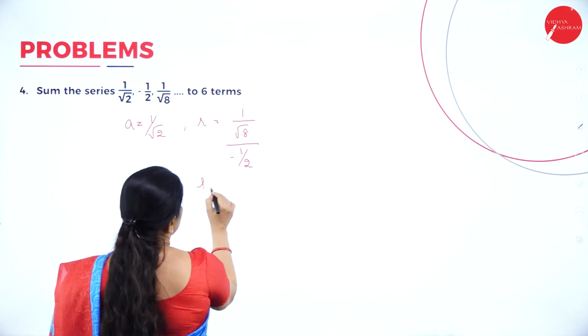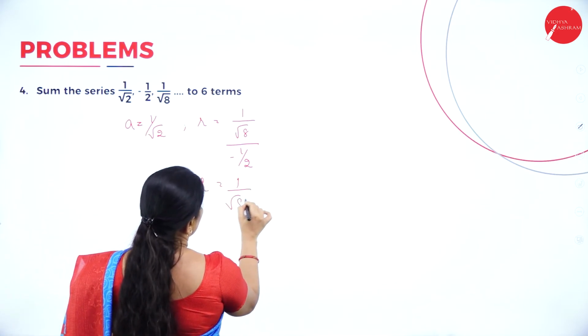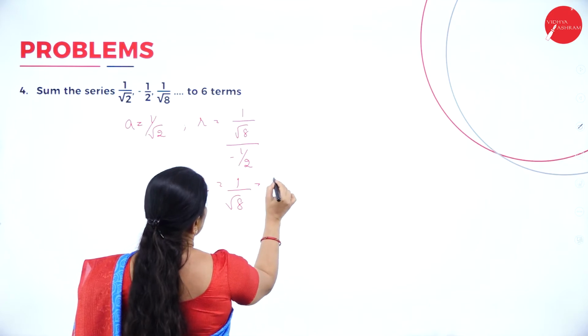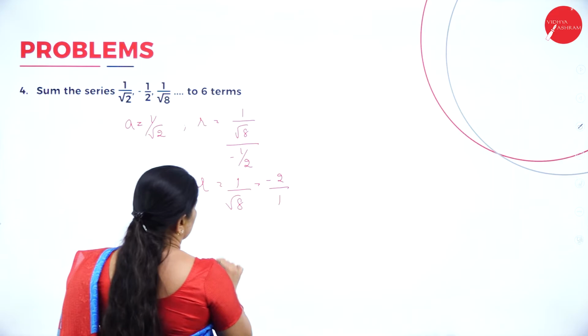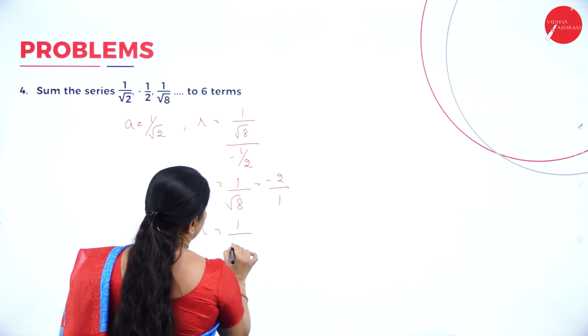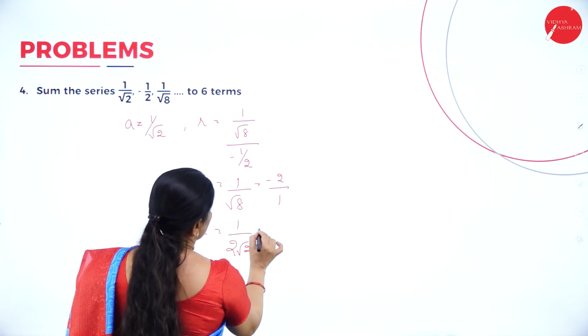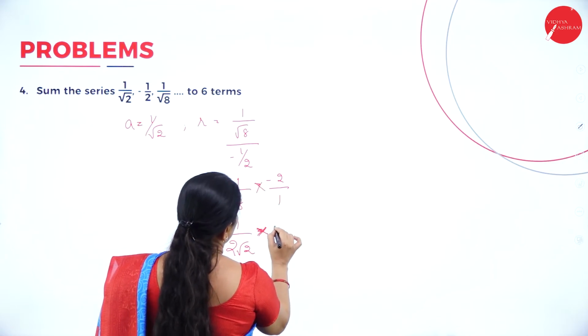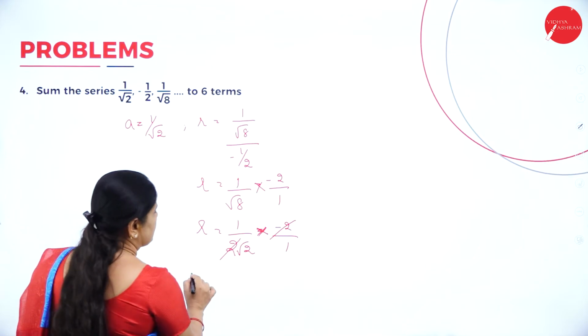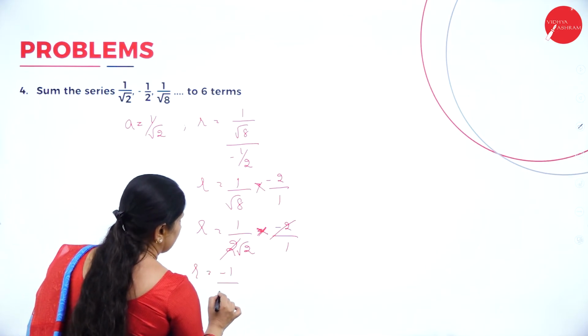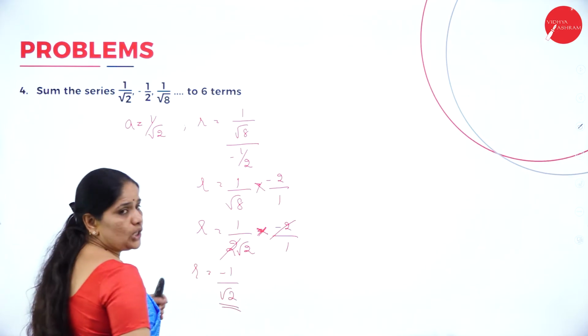So, when I simplify this, R will be 1 by 2 root 2 into minus 2 by 1. So, 2 and 2 get cancelled. So, R will be equal to minus 1 by root 2.